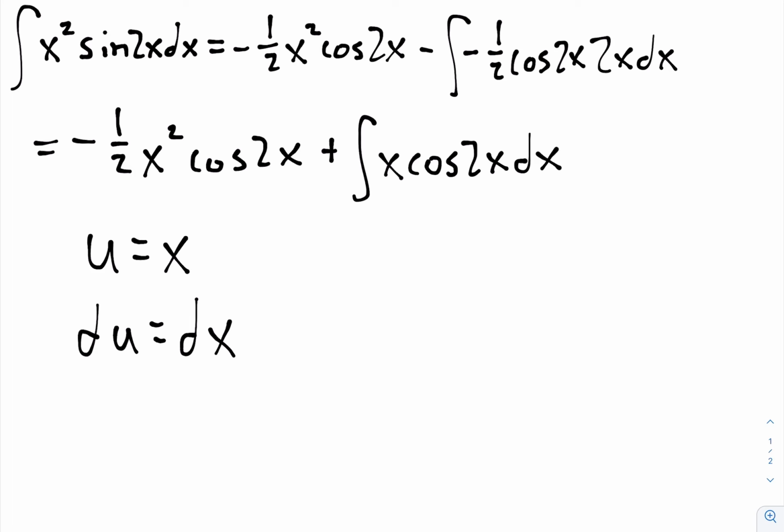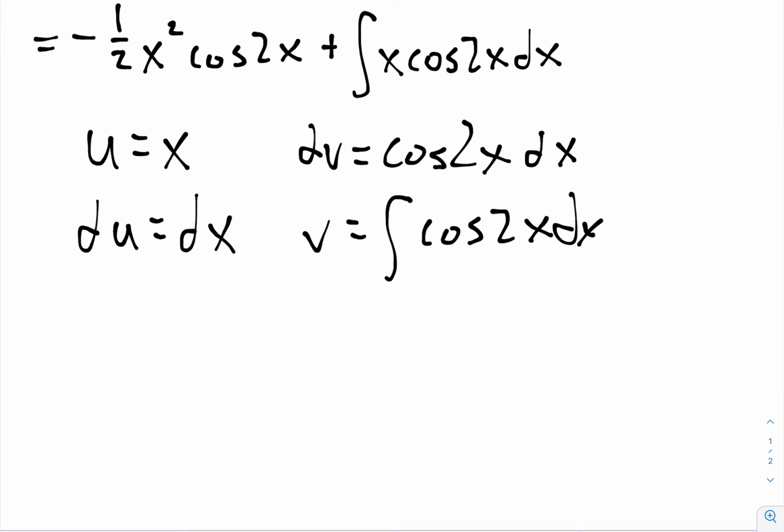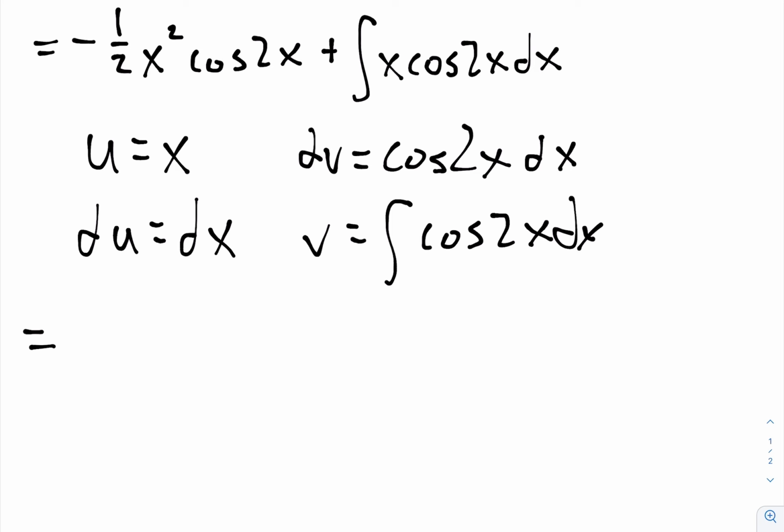And we're going to say, well, our dv is just the other stuff, so cosine 2x dx. And our v is going to be the integral of cosine of 2x dx. So let's think about this here. Now we can plug this stuff in, doing integration by parts twice, so that's negative 1/2 x squared cos 2x.